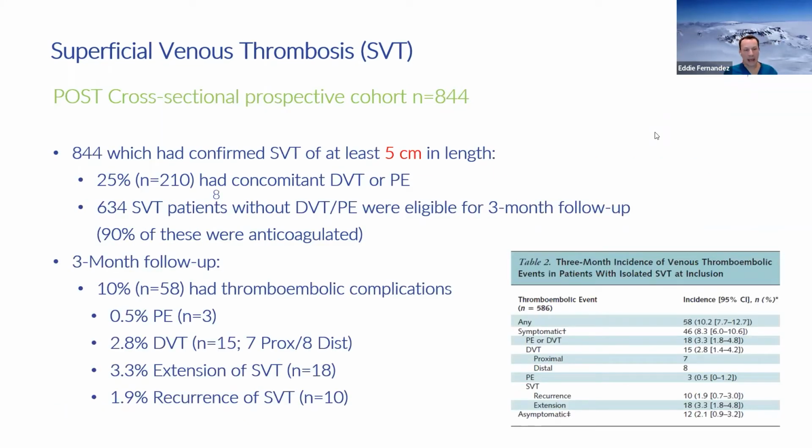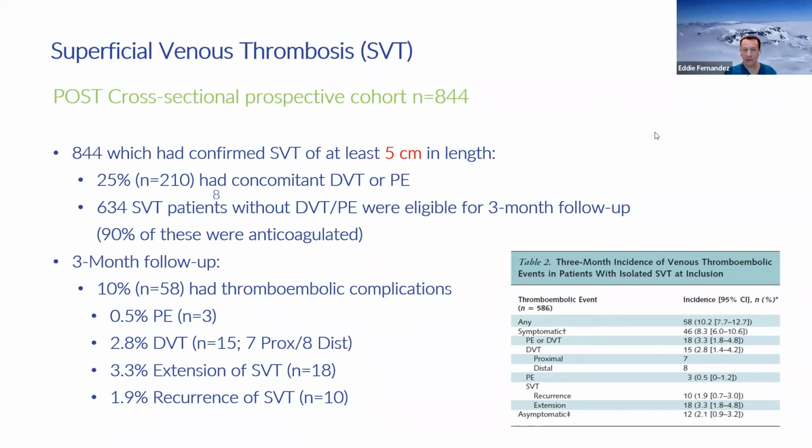They took 844 patients with confirmed SVT, and in order to be included, they needed to be at least 5 centimeters in length. So they weren't looking at small SVTs, but 5 centimeters. And of those, 25%, or 210 patients, had a concomitant DVT or PE. That's a really significant number, okay?